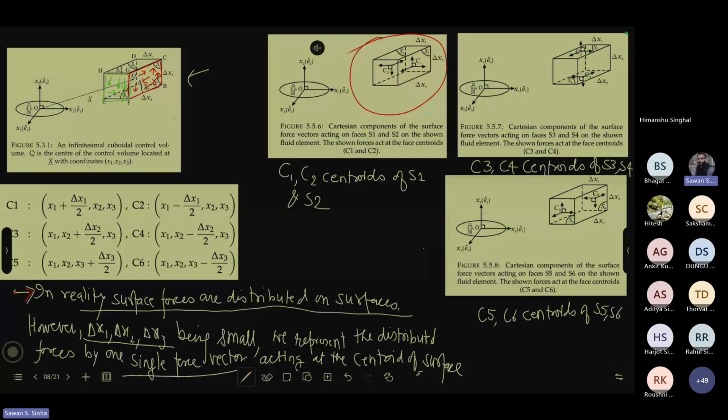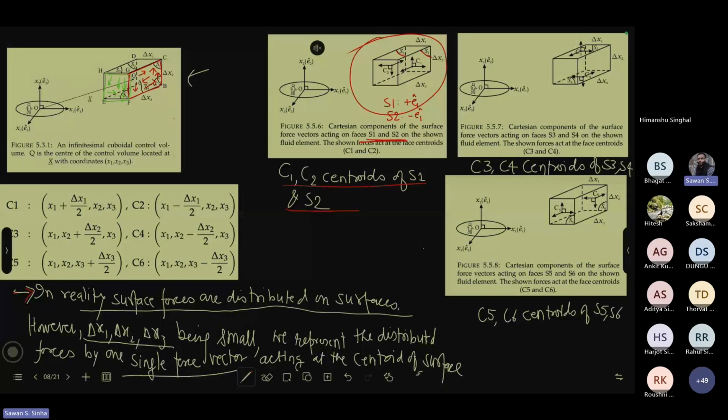This figure is about two surfaces, S1 and S2. I hope you are able to recognize, at least when you read the PDF, it should be very clear. S1 is a surface with outward unit normal plus e1, and S2 is the surface of the cuboidal control volume with outward unit normal being minus e1. I am identifying C1 and C2 as centroids of S1 and S2.